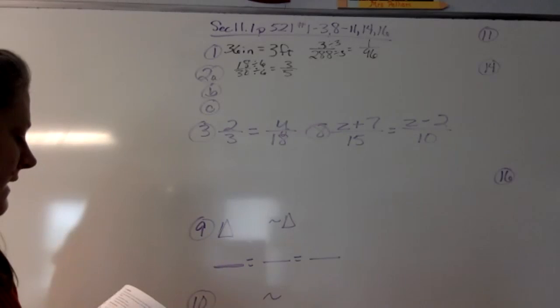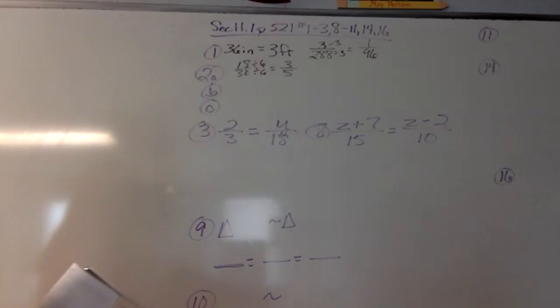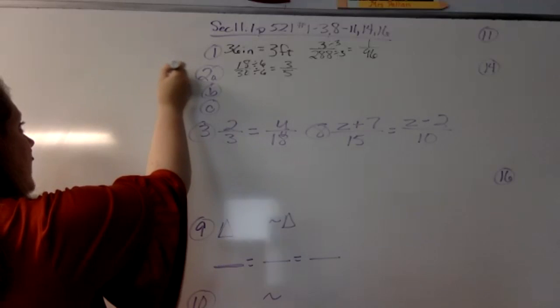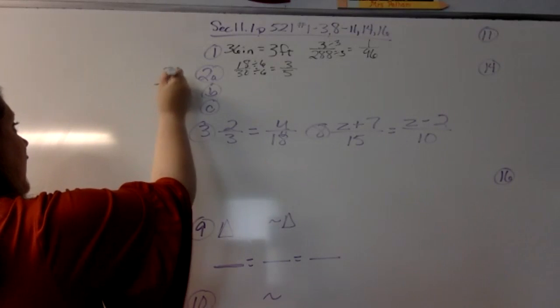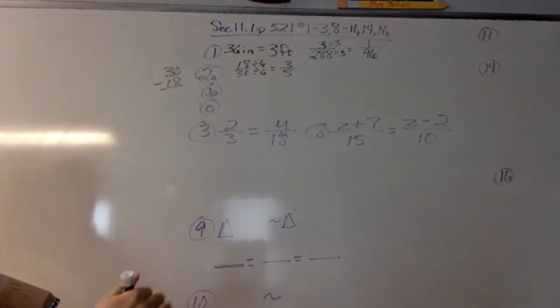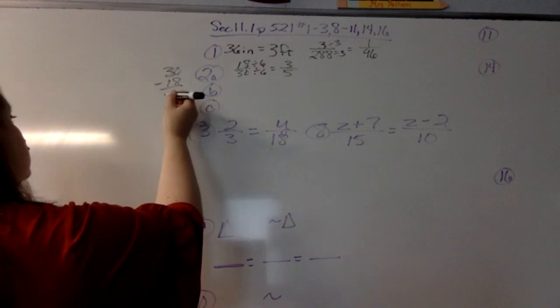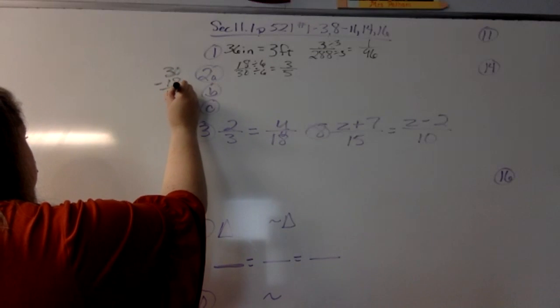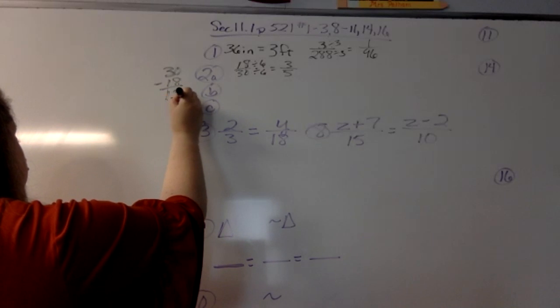Now, part B says non-band members to students. So if 18 are in band, I'll take 30 minus 18 to see how many are not in band. So what's 30 minus 18? 12.